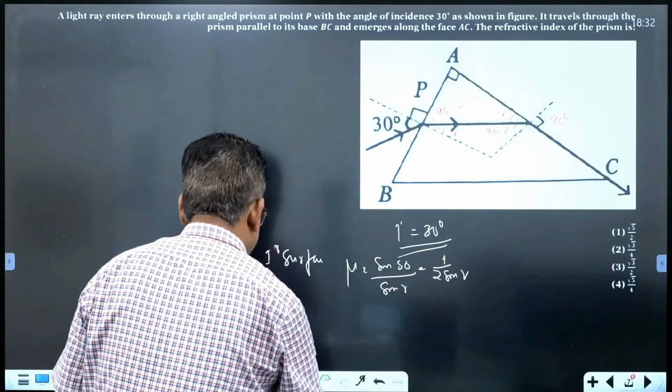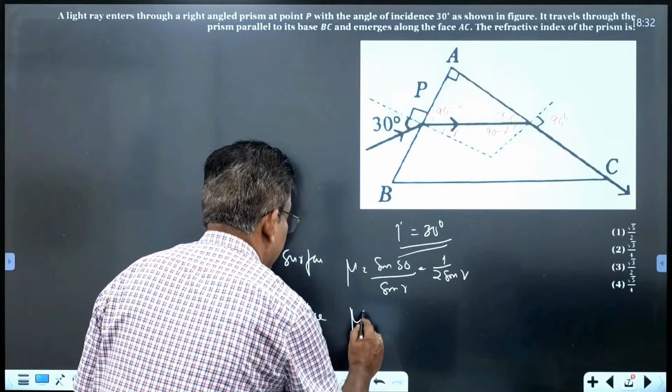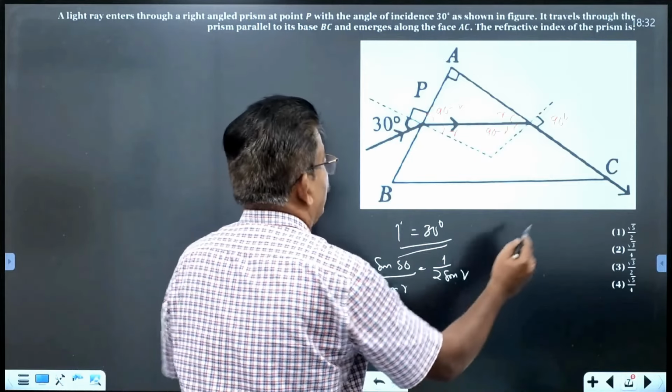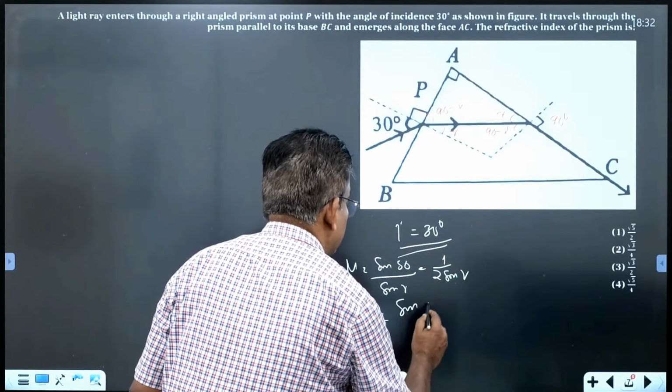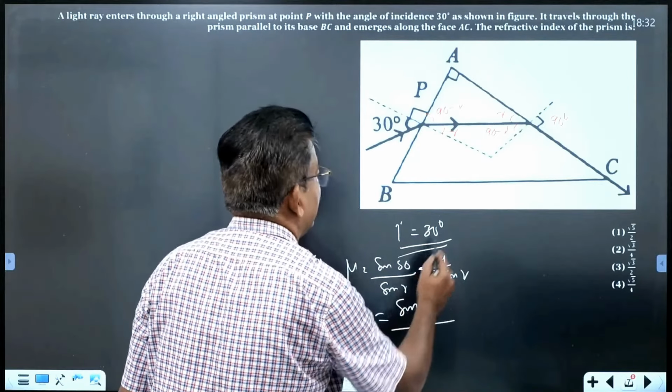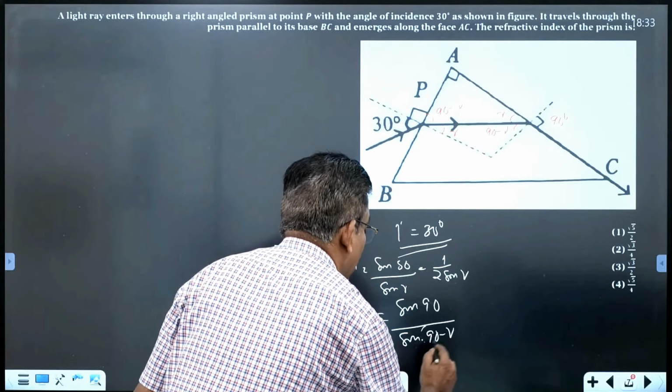Now come to the second surface. Again, you have to make mu. If you consider the reversibility aspect, the angle of incidence should be taken as sine 90 degree divided by sine of 90 minus R.